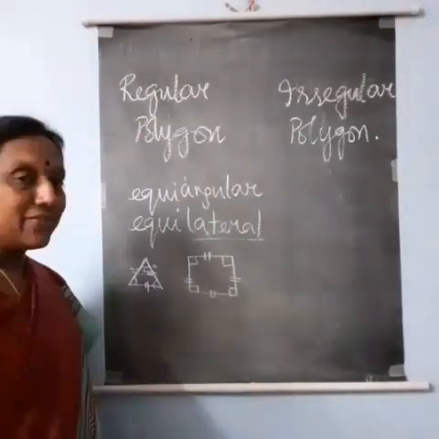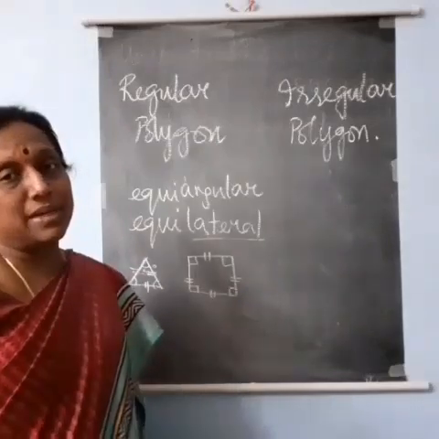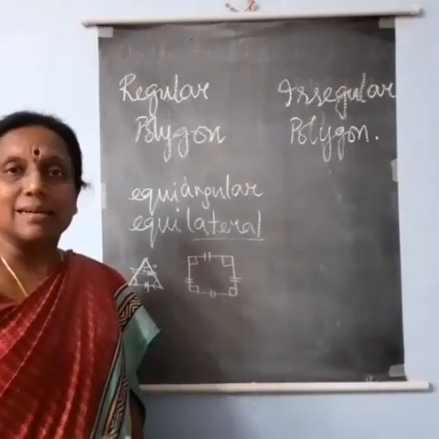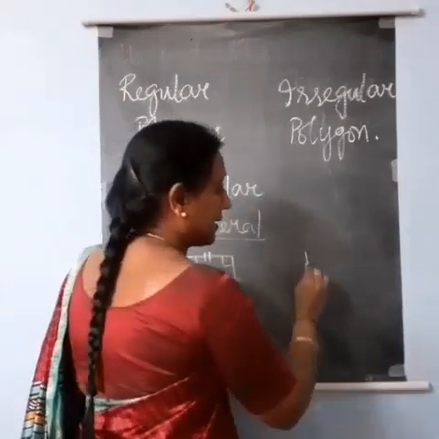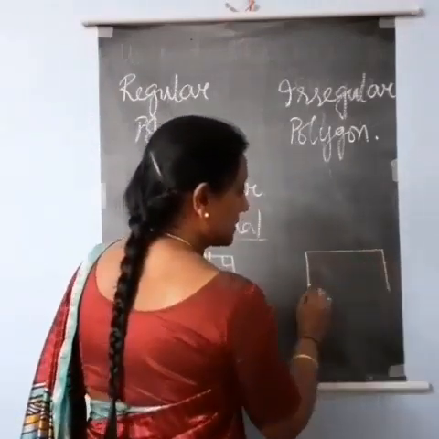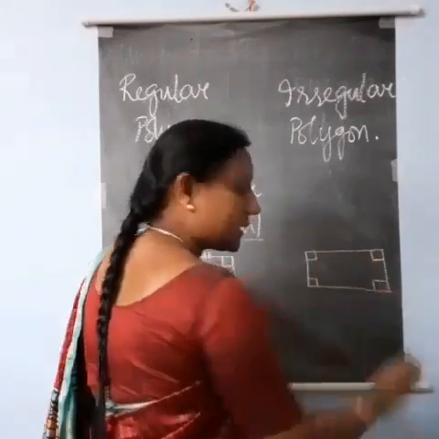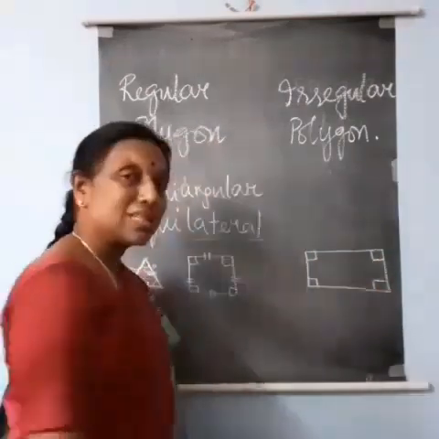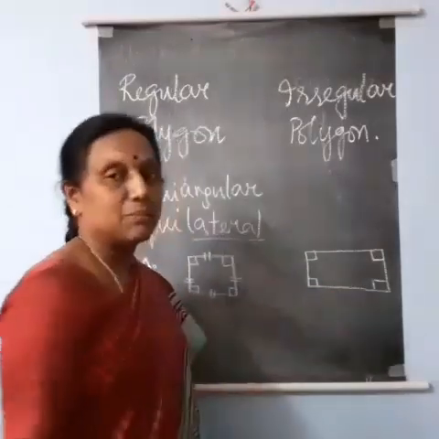Then we have regular pentagons, regular hexagons, where all sides will be equal and all angles are also equal. Now you take, for example, a rectangle. What happens? All angles are equal, so it is called equiangular. But are all sides equal? No. So it becomes an irregular polygon.